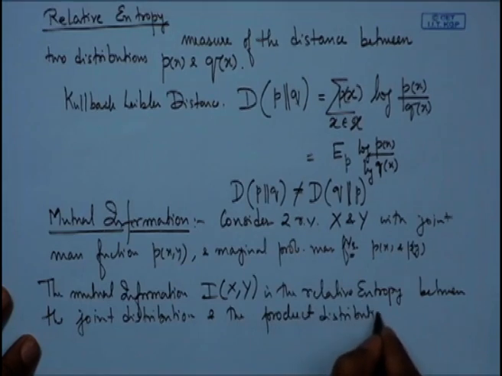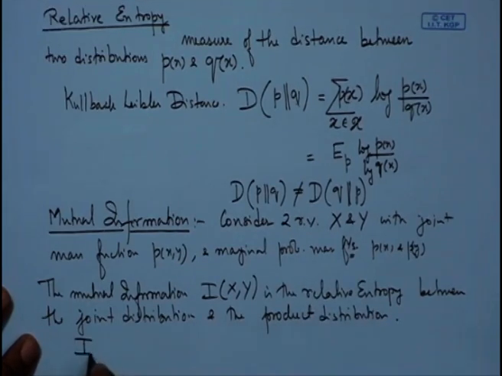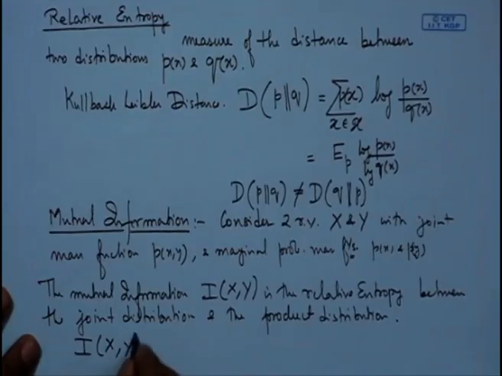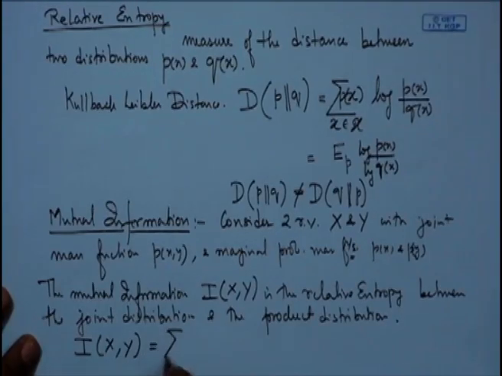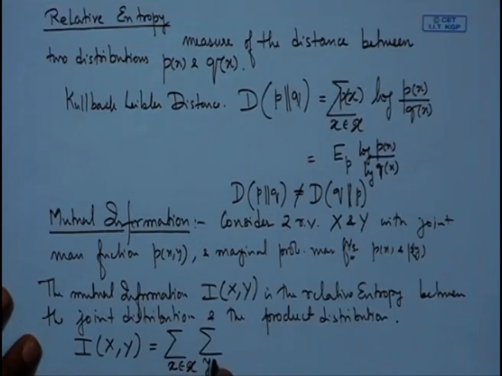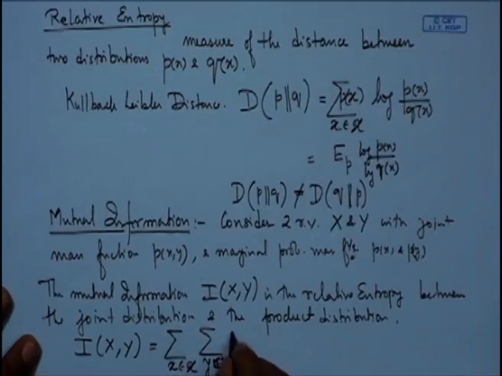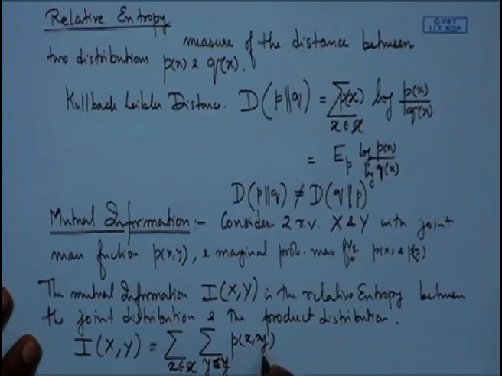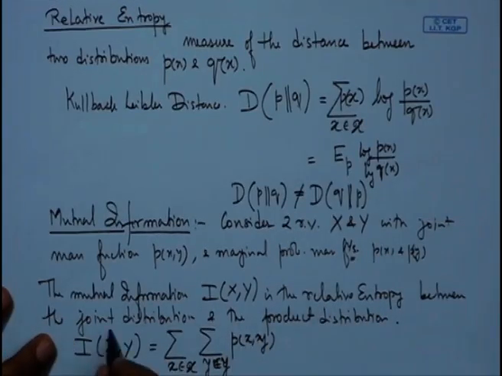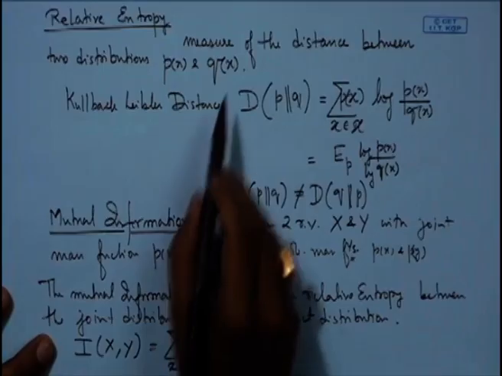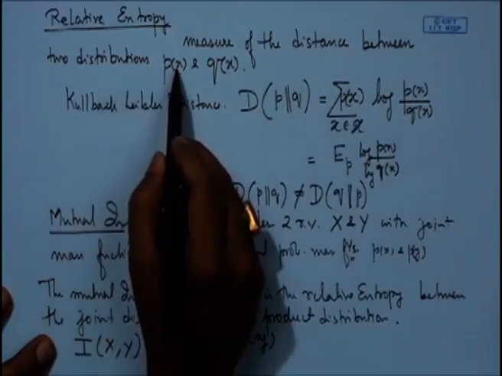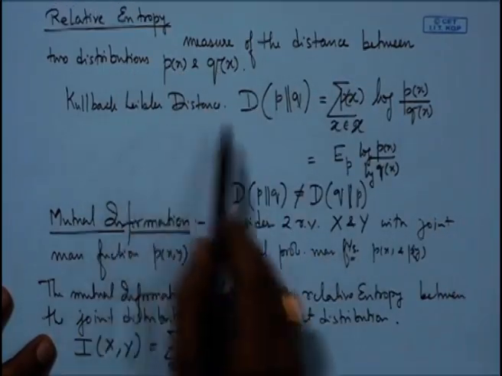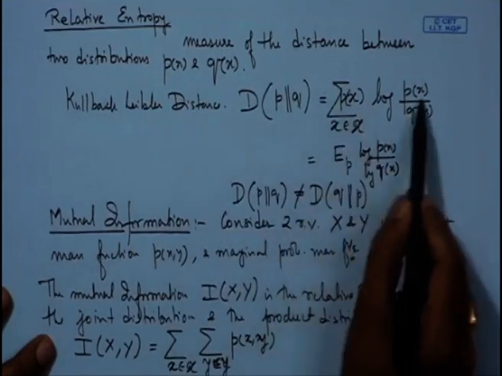In other words, I of xy is given as sum over x element of all of x times sum over y element of all of y, the joint over the product, P of xy. It is the relative entropy between the joint distribution and the product distribution. The distance between the two distributions px and qx is given as sum over px log px by qx.